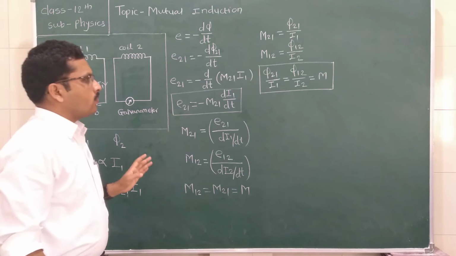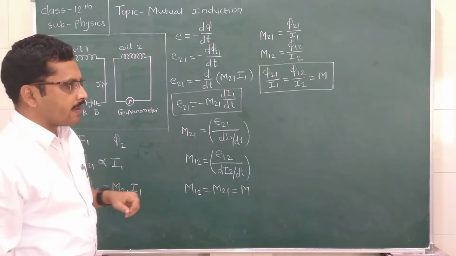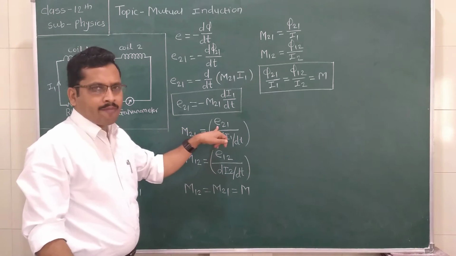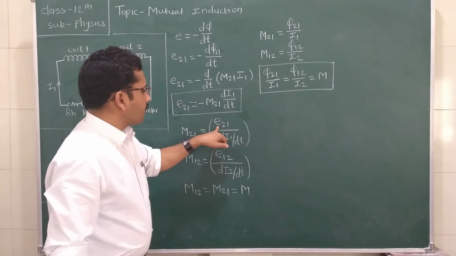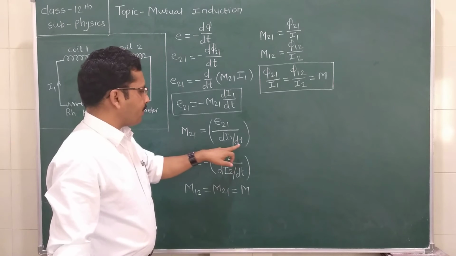Now what is the unit of mutual induction? The unit can be found by using this simple equation. This is the EMF, and we know that the SI unit of EMF is volt. This is current, that is ampere per second.